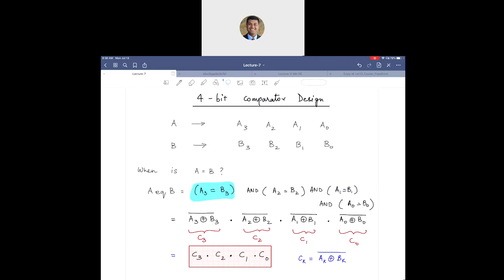For the kth bit, the most significant bits have to match up, and this and this and this. Each and every bit has to be equal. Only then A equals B. For example, 1101, 1101. Each and every location has to match up.